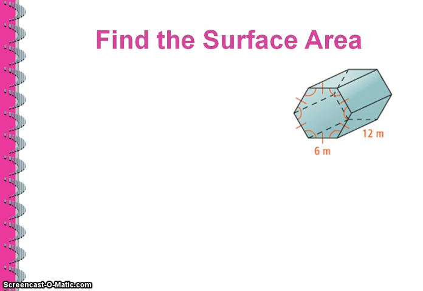Okay, what if I'm trying to find the surface area of this hexagonal prism? All right, so once again, my surface area is just equal to my lateral area plus 2 of my bases. And we know my lateral area is the perimeter times the height, and 2 of those hexagonal bases. Okay, so in this case, once again, the lateral area is easy for me to calculate.